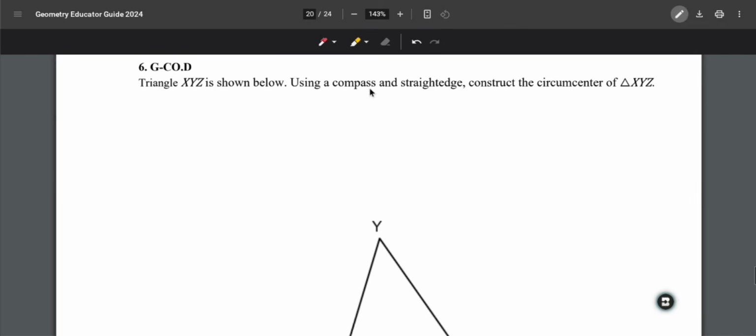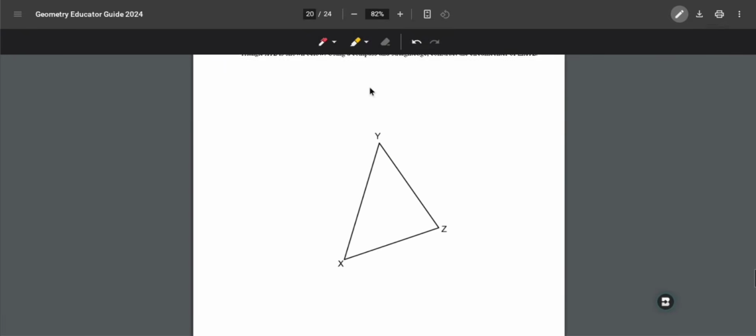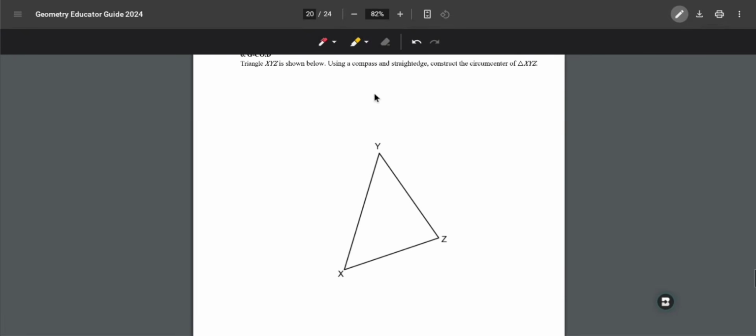Question number 6 says, triangle XYZ is shown below. Using a compass and straight edge, construct the circumcenter of triangle XYZ.